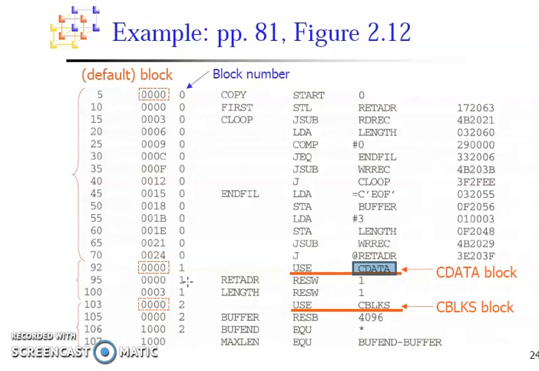Okay, so the default block will have the number 0. Then for use CData, the block number will be given as 1, and for use C blocks, block number will be given as 2.